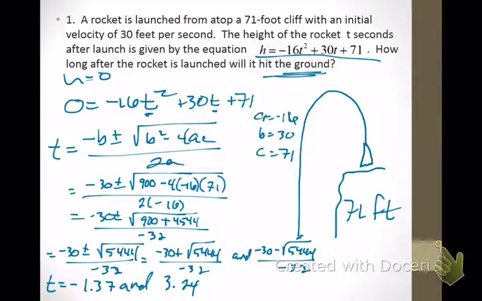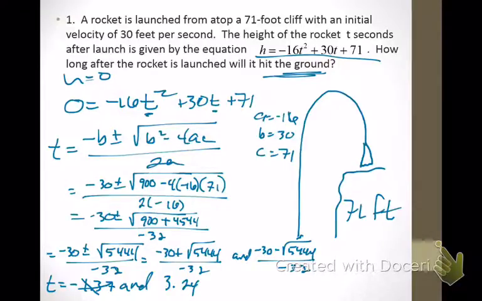Okay? Now, can time be negative? And the answer to that is no, obviously. So one thing we need to do is ignore the negative answer, because t can't be negative.